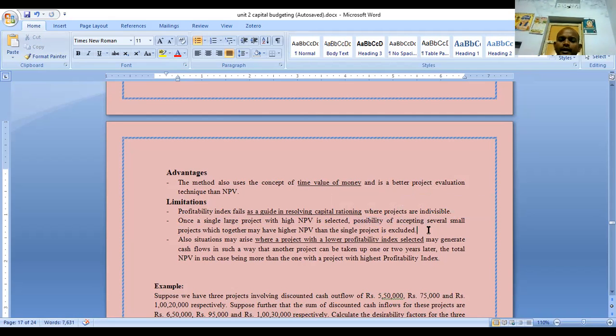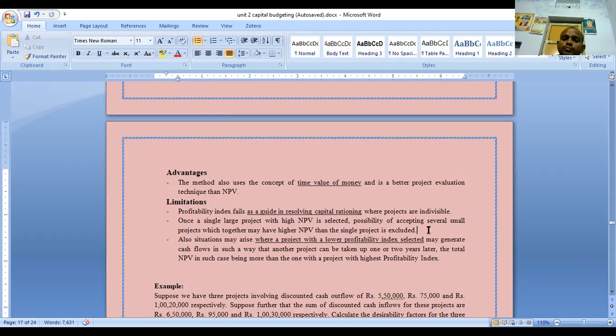See, if combined, all the projects together may have higher NPV. Situations may arise in some cases where the profitability index is lower, even though it is being selected because of NPV.